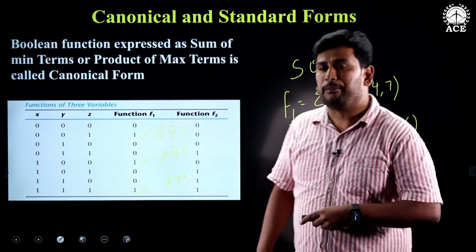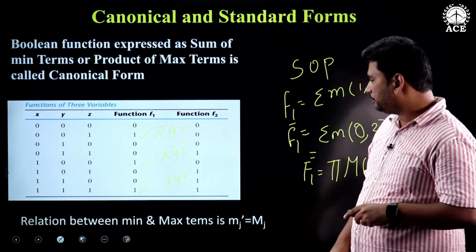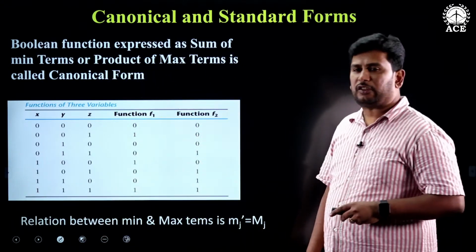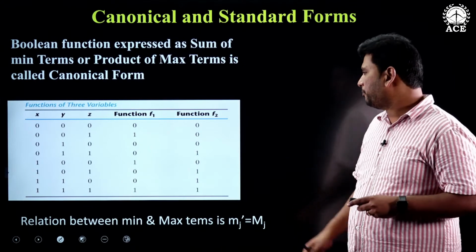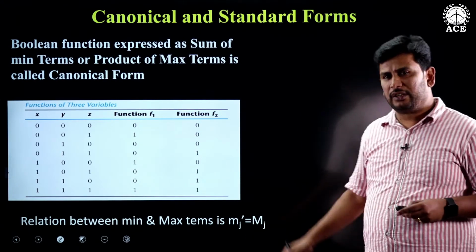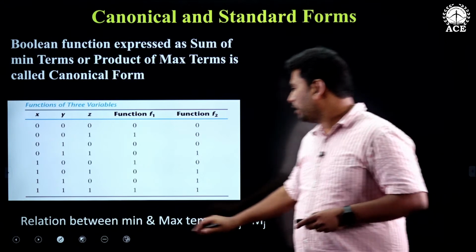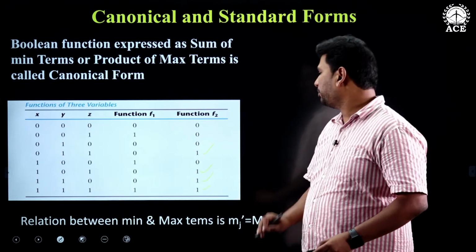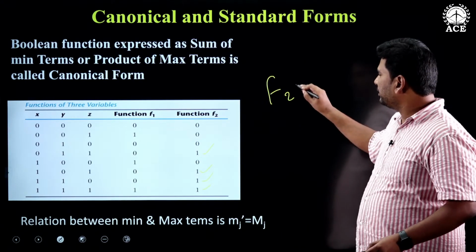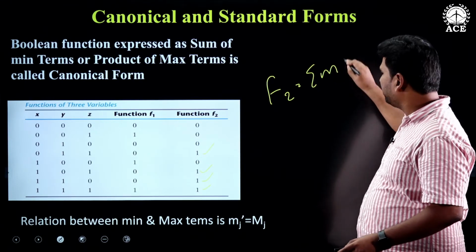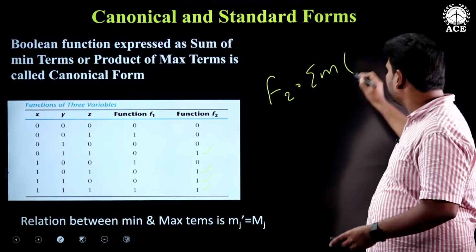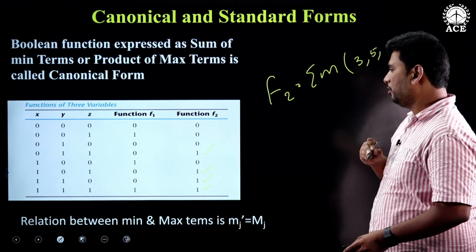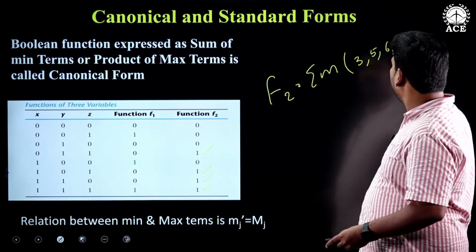This is a very important one, right? Sounds clear? Now F2, we have 4 different functions. Similarly you have to express the values for which F2 equals 1. So F2 is equal to sigma small m of 3, 5, 6 and 7, that is 0, 1, 1, 1, 0, 1, 1, 1, 0 and 1, 1, 1.